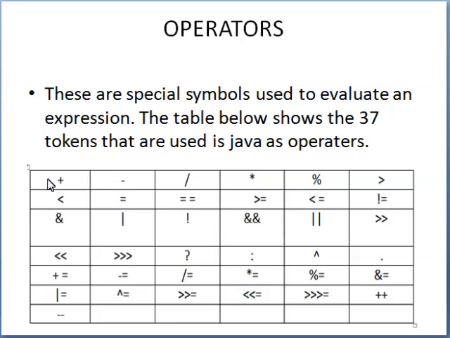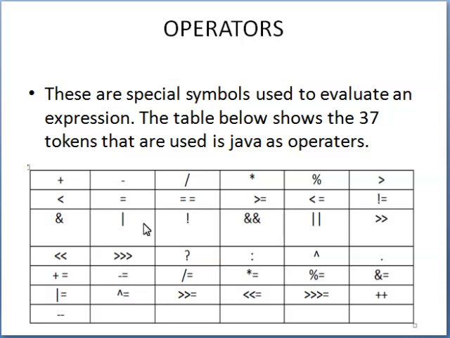That is addition, subtraction, division, multiplication, modulus, greater than, less than, equals, double equals, greater than or equal, less than or equal, not equals, and, or, not. This is also logical and, logical or, then ternary operators and operators like plus equals. So there are 37 tokens in total.